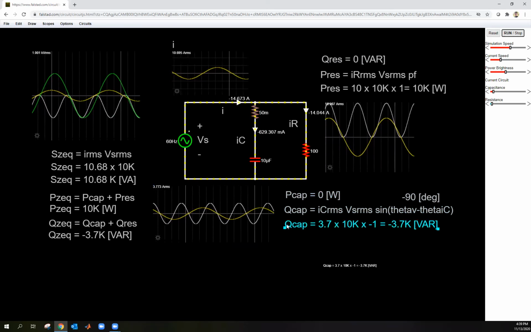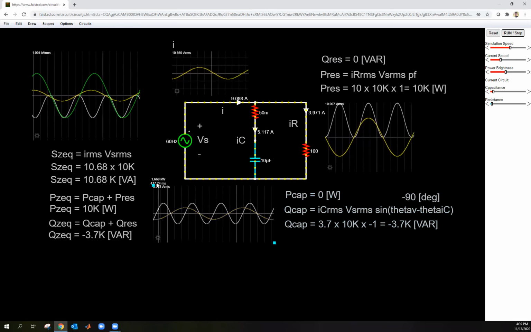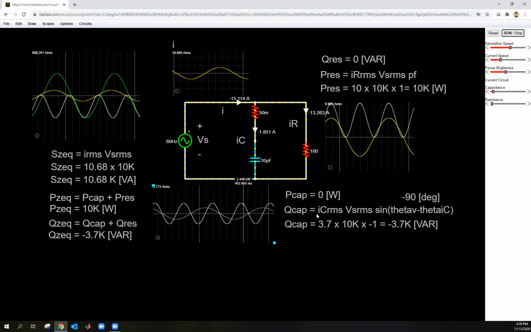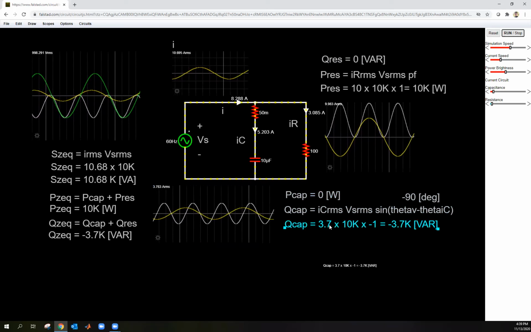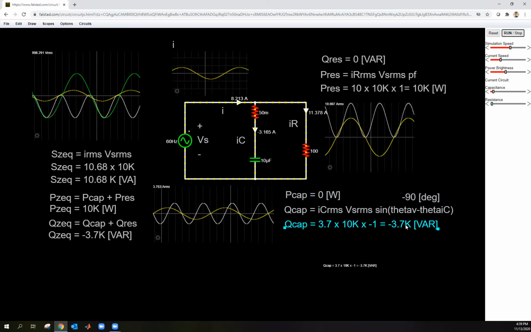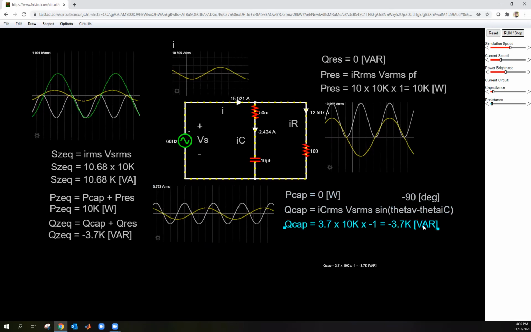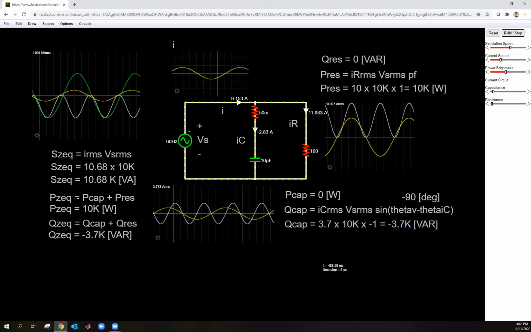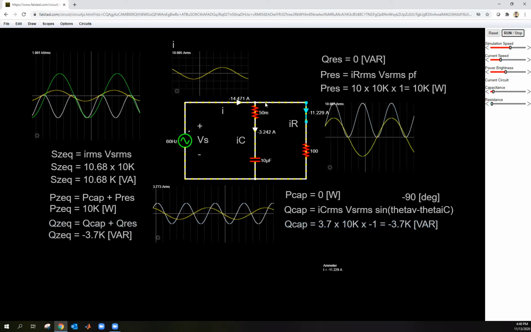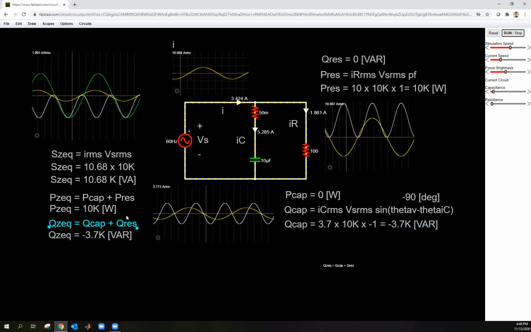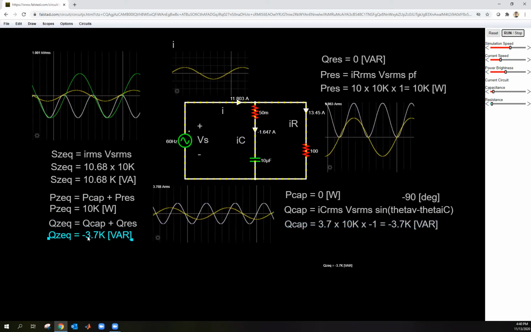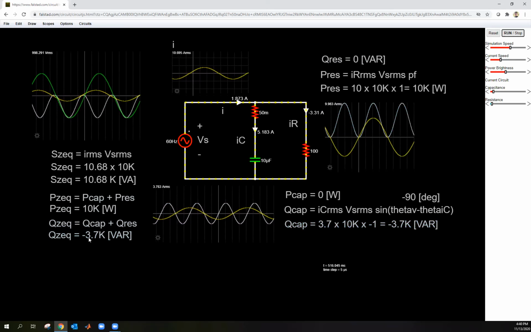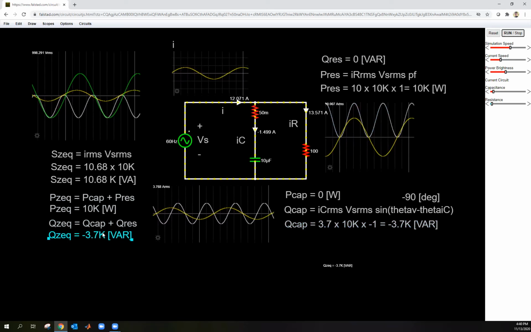And we get 3.7, which I'm reading off this ammeter right there that's being plotted as the current. Okay, so this is a negative 3.7 kilovar reactive power for the capacitor. Now, the Q of this entire Z equivalent is the Q of the capacitor plus the resistor, which means I have negative 3.7 plus 0. So the total Z equivalent has a negative 3.7 kilovar.